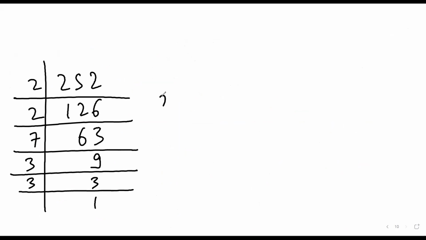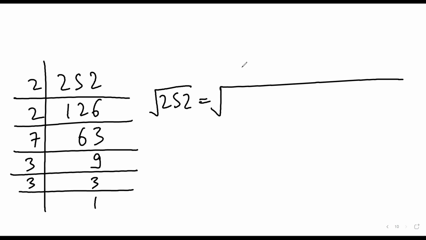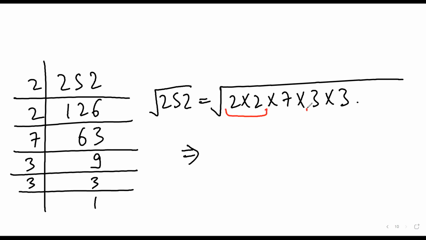So the square root of 252 is 2 into 2 into 7 into 3 into 3. Mr. Sarthak, do we agree till here? Yes, sir. Mr. Satya, do we agree? Yes, sir. Now let us find the love kush. There is a love kush, there is a love kush. So 2 and 3 will come out, 7 will remain here. Any doubt? No, sir.